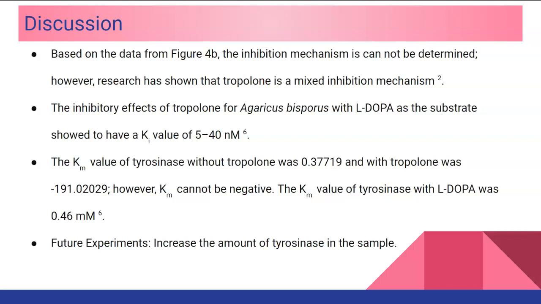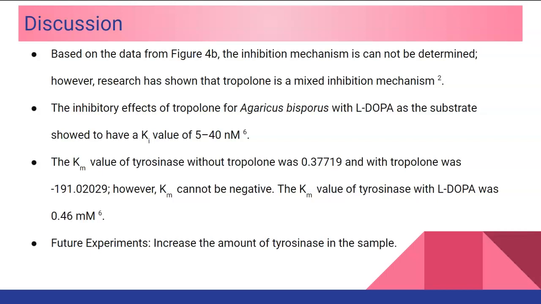The inhibitory effects of tropolone for the white button mushroom with L-DOPA in other research papers has shown the substrate to have a Ki value of 5 to 40 nanomolar. And the Km value of tyrosinase without tropolone was 0.37719.